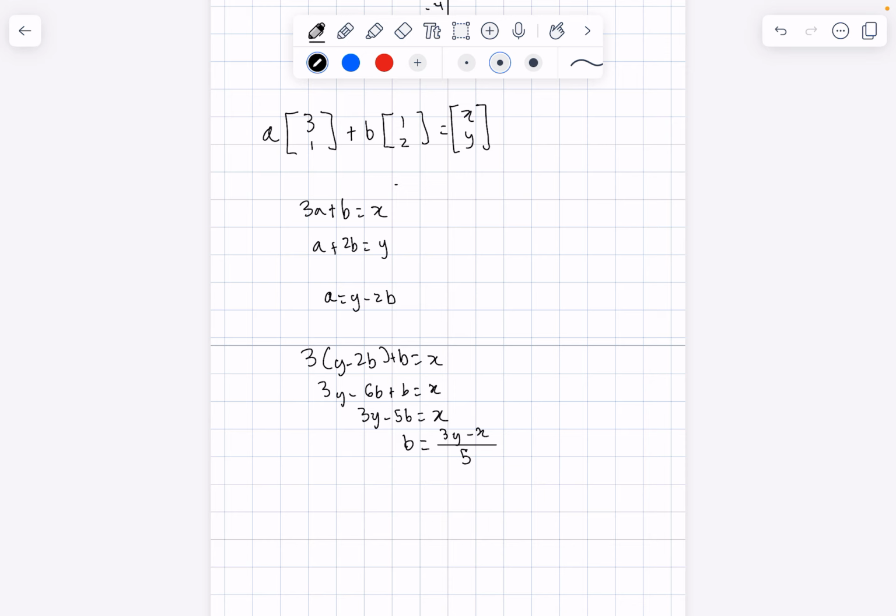And then we substitute back to solve for a. And since for any xy point we can find real numbers for a and b that satisfy these equations, it shows that the span of v1 and v2 is all of R2.